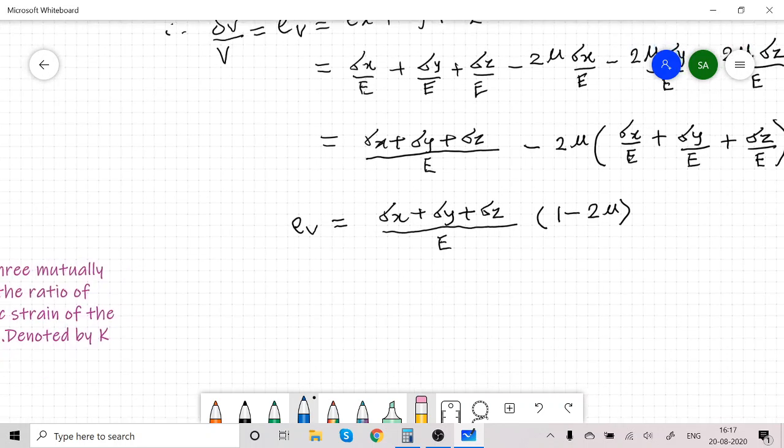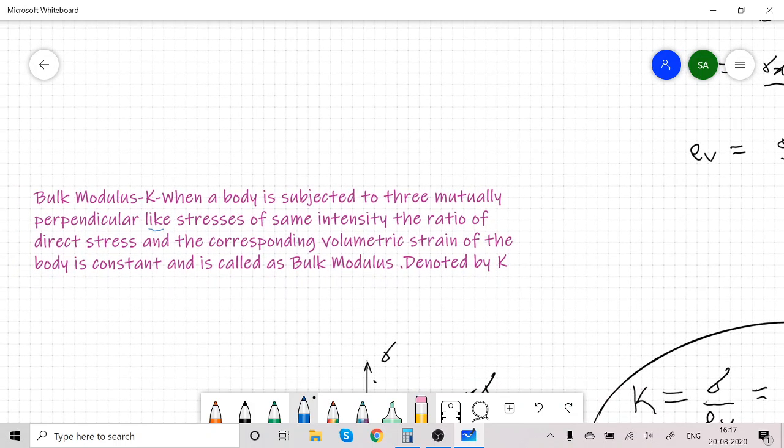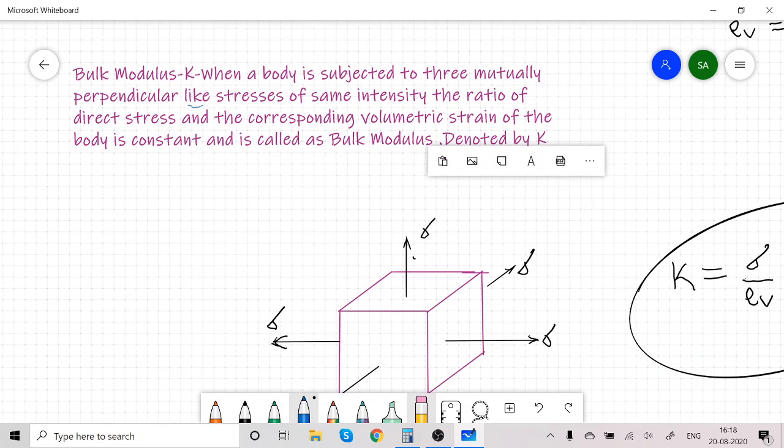Then the concept of bulk modulus. When a body is subjected to three mutually perpendicular like stresses of the same intensity, this is very important, like stresses and of the same intensity. Like stresses means either all the three compressive or all the three tensile and of the same intensity.